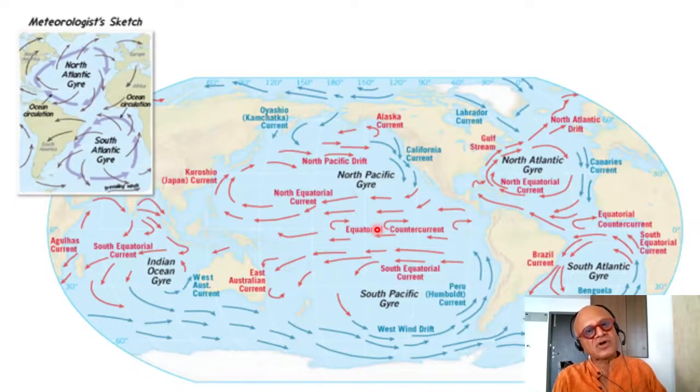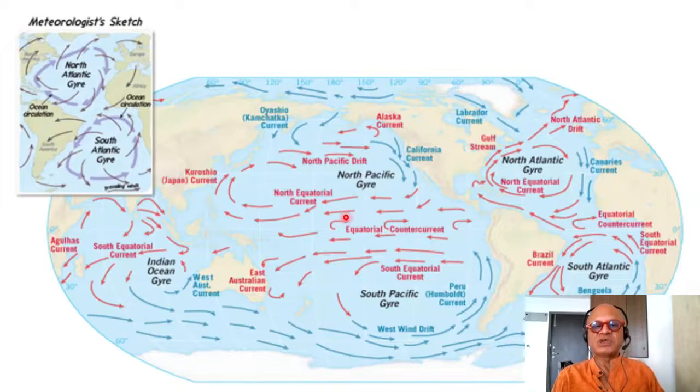It's called a counter current because it's actually flowing against the winds. So you have a counter current here, you have a counter current here, and you also have a counter current here. But the Indian Ocean is complicated because it has reversing winds. Remember, we have southwesterly winds in the summer and northeasterly winds in the winter. So that complicates the situation a little bit here.